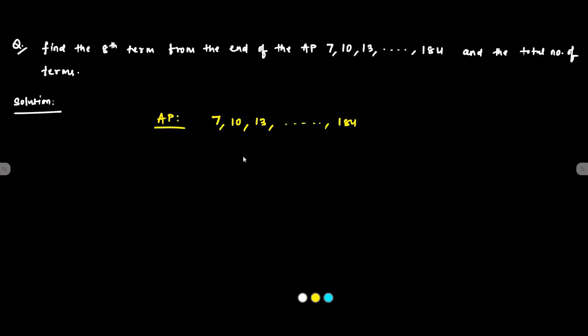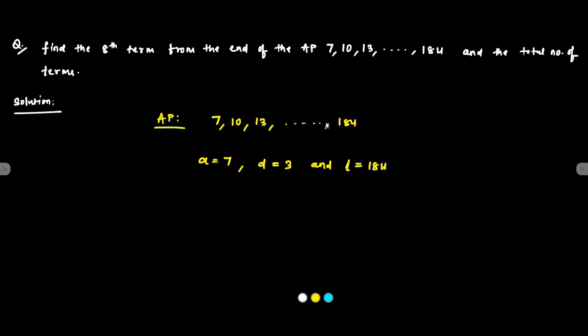Okay, so now here the first term is 7. The common difference is 10 minus 7, which is equal to 3, or 13 minus 10, that is equal to 3. The common difference is 3. And the last term L is equal to 184.